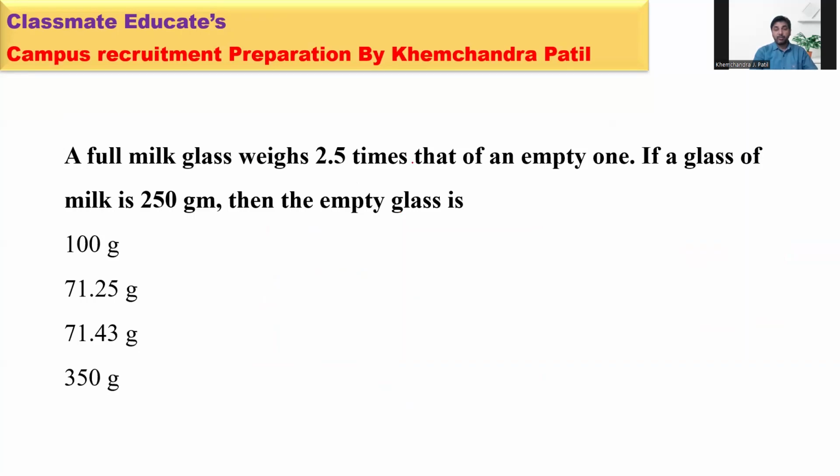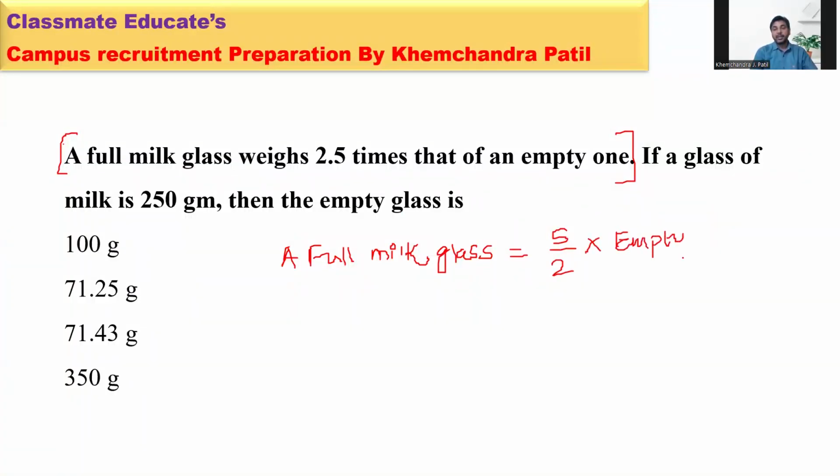See, this statement can be written in this form: a full milk glass is equal to 2.5, that means 5 by 2 times the empty glass. Now, if the glass full of milk is 250 grams, then 250 is equal to 5 by 2 multiplied by the empty glass.